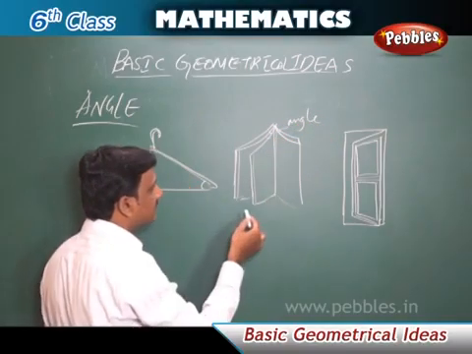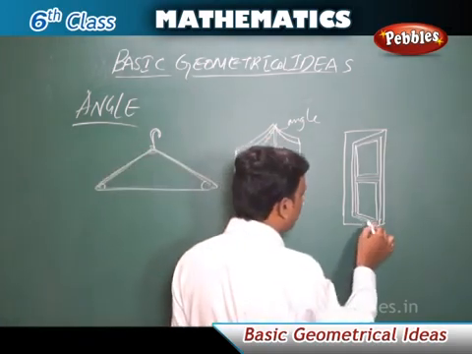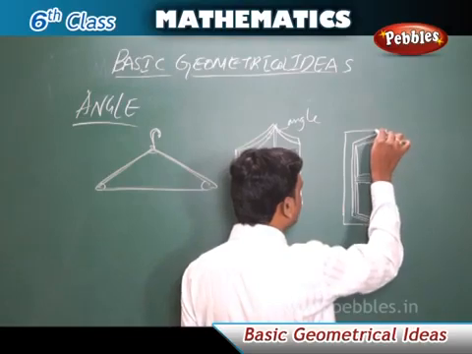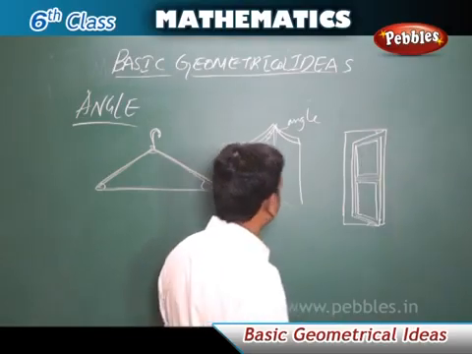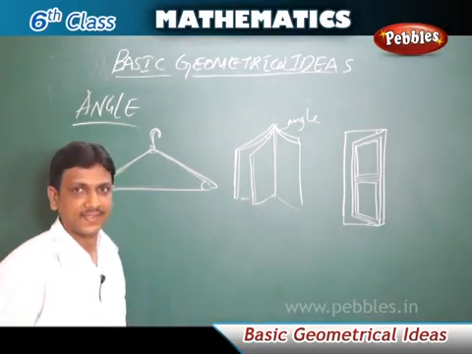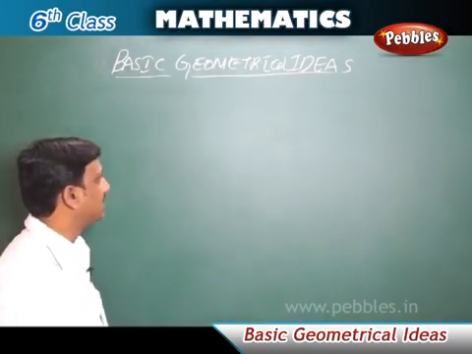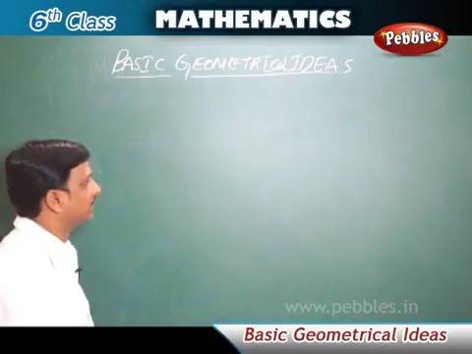So these corners, depending upon the distance, they make some angle. Even an open door, between the door sill and the door there is some angle. In the same way, in different cases like in a scissors, or the branch of a tree, we find angles.